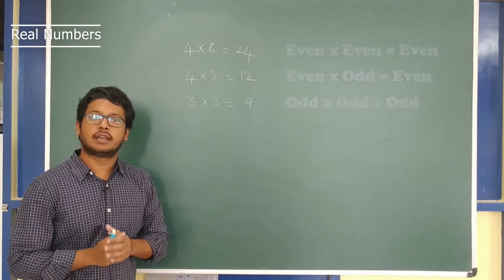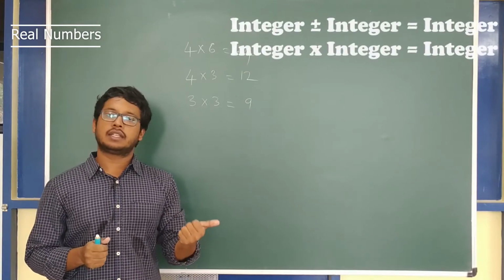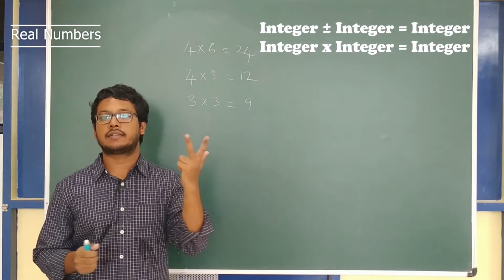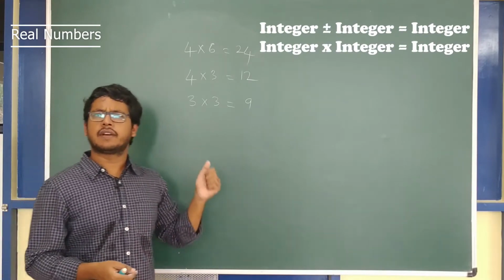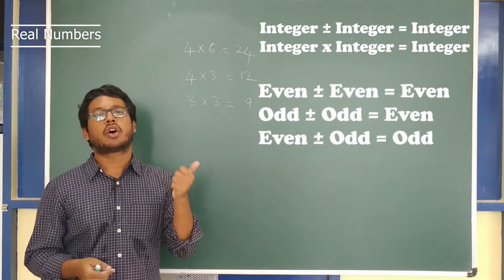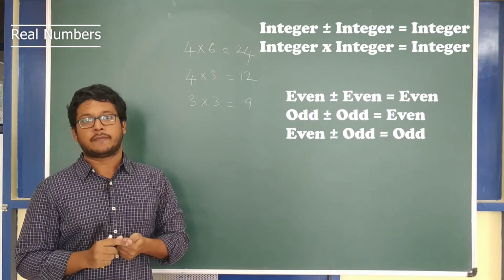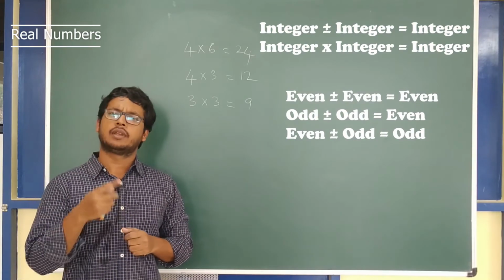So what did we learn in this one? First thing we learned is that for integers, addition, subtraction and multiplication, the resultant is always an integer. This is the first property we saw. The second property we saw is that when you add an even with an even number or an odd with an odd number, the resultant will be an even number. But if you add even and odd, the resultant will be an odd number.